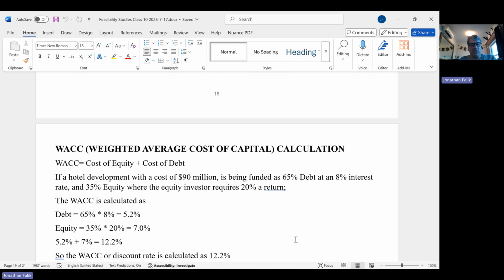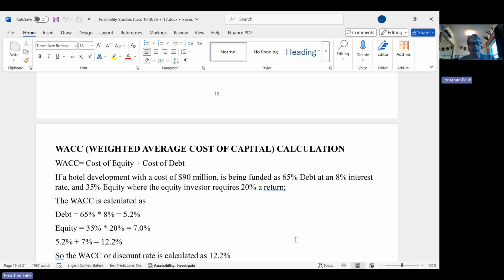So debt is 65% times 8% interest, meaning you need a 5.2% return on the debt. Equity is 35% of the total capitalization times 20%, which means you need a 7% return on the equity, right? So the 5.2% plus 7% is 12.2%.